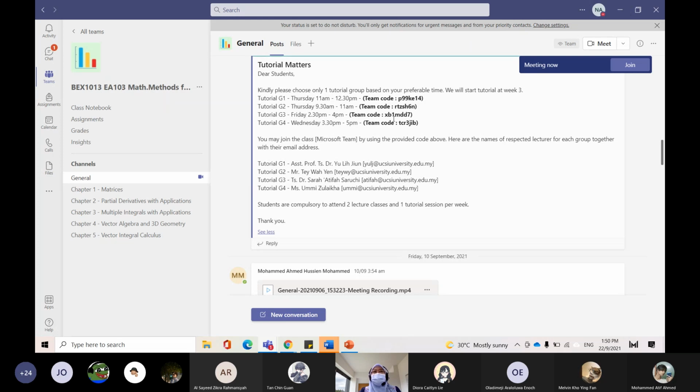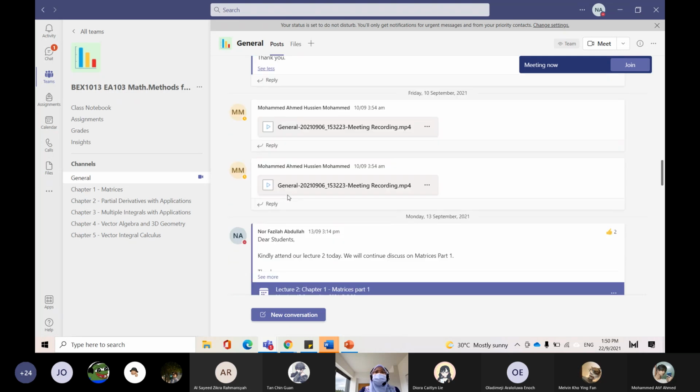You may join the Microsoft Team using this team code. Please choose only one tutorial session. You will have 2 lecture classes on Monday and Wednesday and 1 tutorial session per week. Please check your schedule and choose the tutorial session suitable to you.